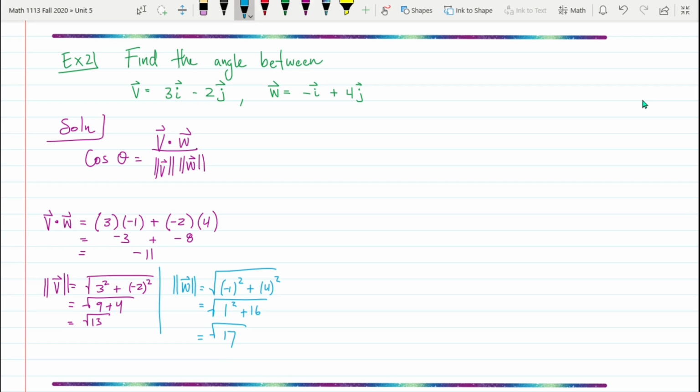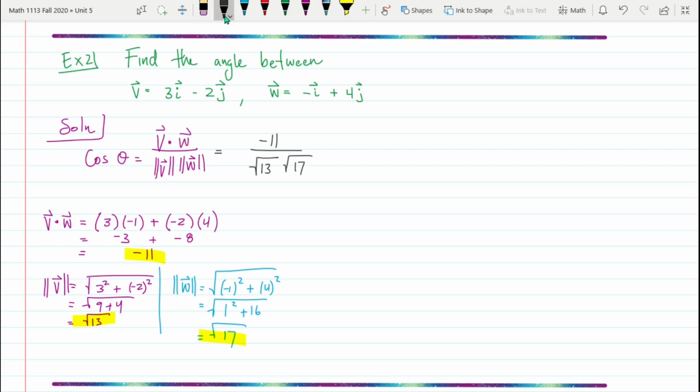So now I have what I think is all the components, right? The dot product, the magnitude of one vector, and the magnitude of the other. So now I am ready to just plug in those values. -11 divided by square root of 13 times square root of 17. And maybe I'll just get that dot out of the way so it doesn't look like I'm doing a dot product or anything like that.